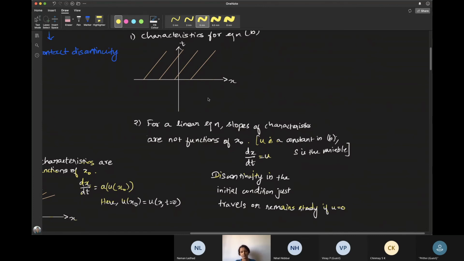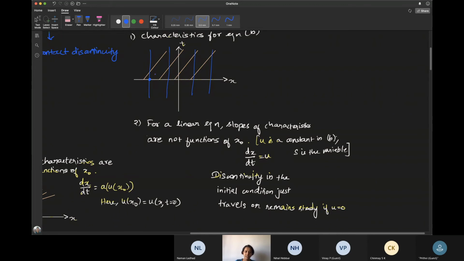Then if your characteristics are just straight lines, your initial condition will remain steady for all time. If you have some initial condition, then that initial condition will remain along the characteristics.